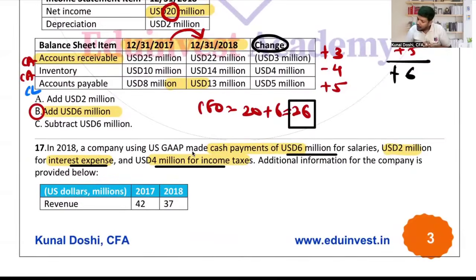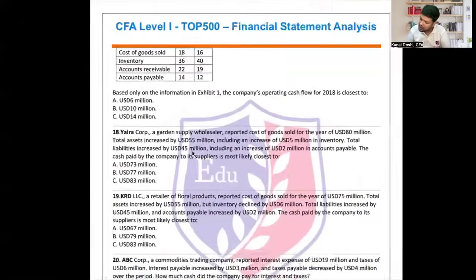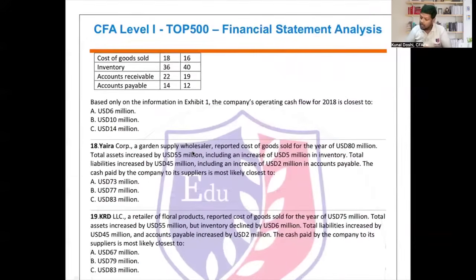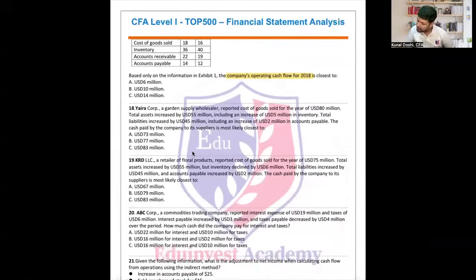Additional information for the company is provided for 2017 and 2018: revenue, cost of goods sold, inventory, accounts receivable, accounts payable. Based on this information, calculate the company's operating cash flow. First of all, am I going to use the direct method or the indirect method?